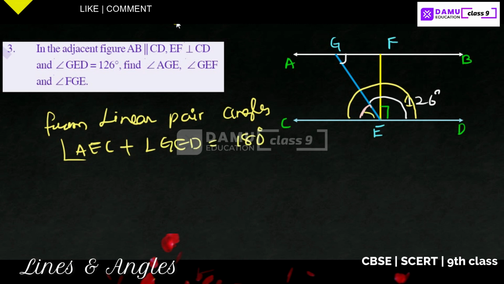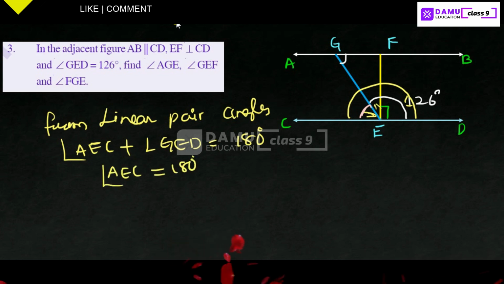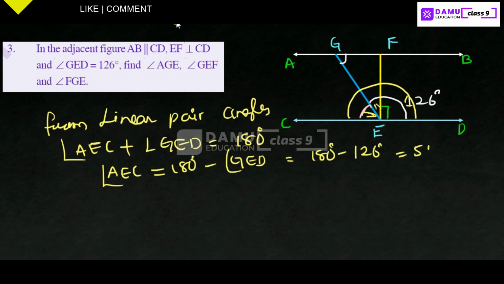So the sum of these two angles will make 180 degrees. Angle AEC is equal to 180 minus angle GED, which is 180 minus 126 degrees. That will be equal to 54 degrees. So we have calculated this angle as 54 degrees.